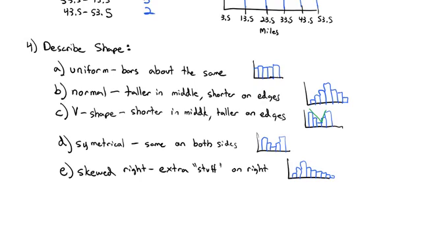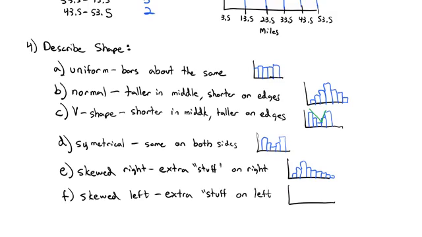That extra stuff means it's skewed right. And you might expect the last term then is skewed left, where the extra stuff is on the left. And that's where we've got all these extra little short bars on the left before it starts growing and giving us what would be our symmetrical shape.